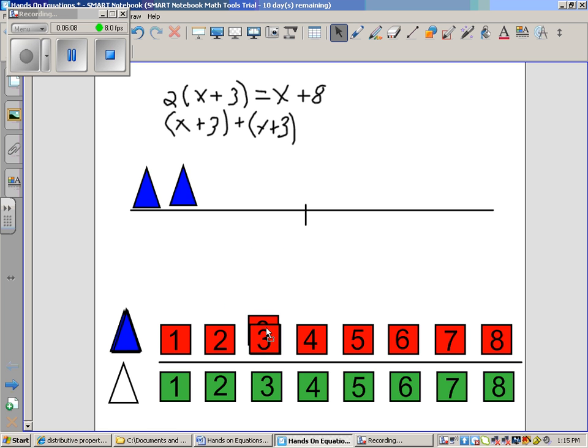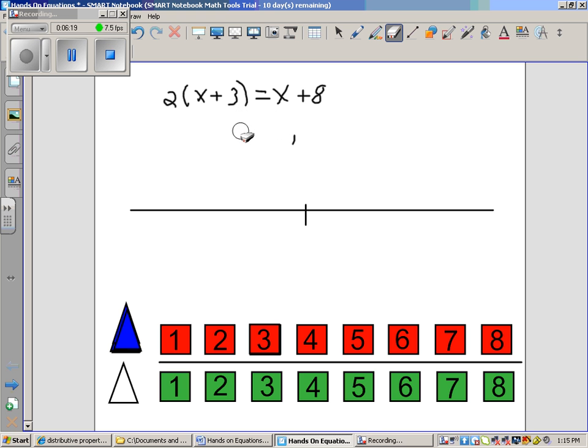Another way you can think about it is, go ahead, and since we know that the distributive property of multiplication over addition tells us that 2 times x plus 3 is the same as, I can distribute my 2. 2x is 2 times x plus 2 times 3, which is 6.